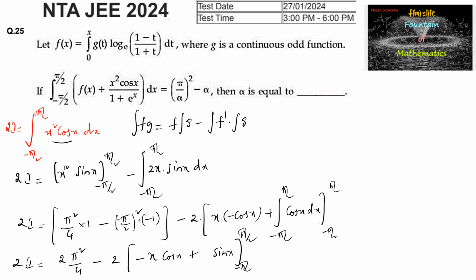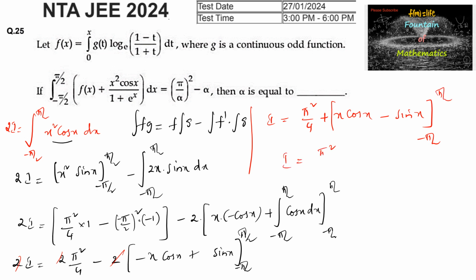Or we can remove the 2 here. So we can write I is equal to pi square upon 4 minus, or minus of minus here, plus x cos x, and here it is minus sin x over the limits minus pi by 2 to plus pi by 2. Let us substitute it.